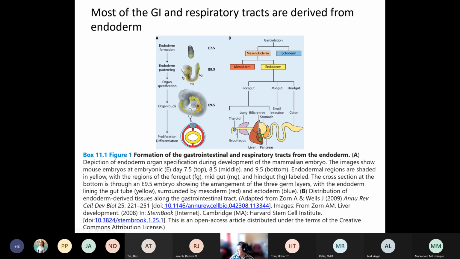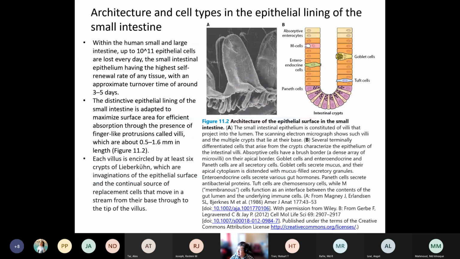But something you might want to pay attention to is thyroid. The thyroid is a part of the endoderm as well. So that's my description of endoderm-derived organs.